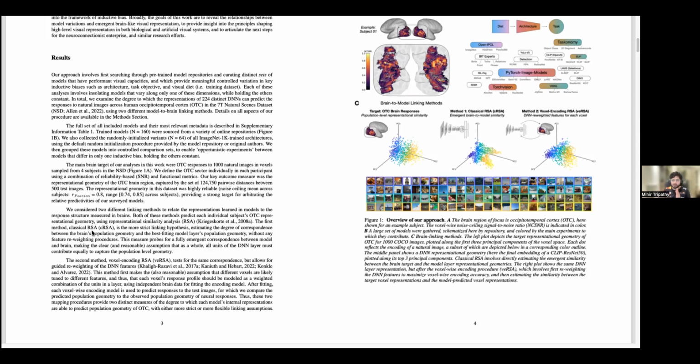Given an image, it's not necessary that each part will equally activate that part of the OTC, the human occipitotemporal cortex. So voxel encoding RSA assumes that it is reweighted: the weights of the encoders are reweighted, and not every part of the image corresponds equally.